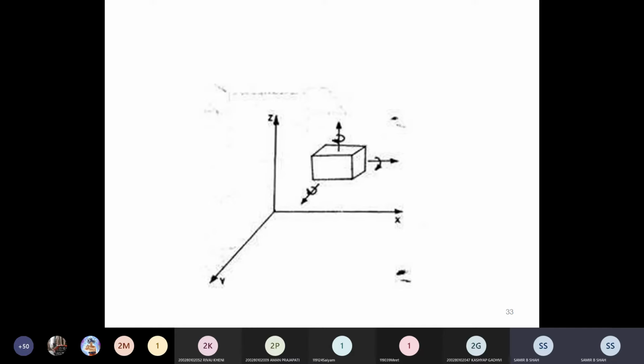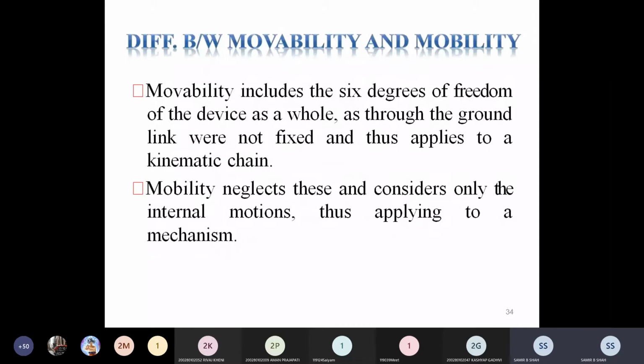We will discuss planar mechanisms and spatial mechanisms one by one when we talk about degree of freedom. Before that, it is sometimes asked in objective questions, so the difference between movability and mobility is important. Movability means the 6 degrees of freedom of the device as a whole, as though the ground link were not fixed, and thus it applies to a kinematic chain.